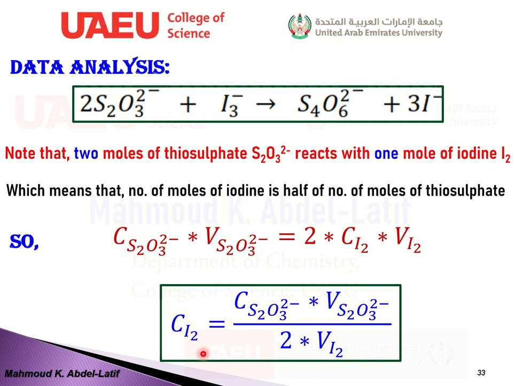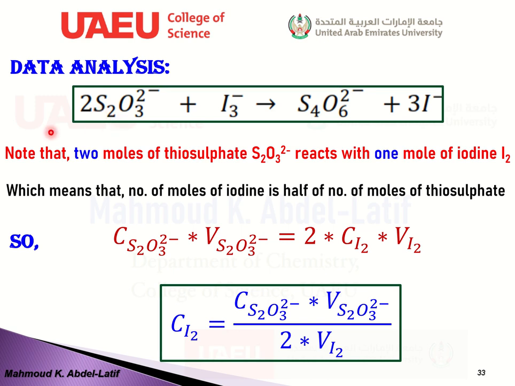How can we determine the iodine in each layer? Iodine can be determined by titration with thiosulfate according to this equation. You see, 1 mole of iodine requires 2 moles of thiosulfate.